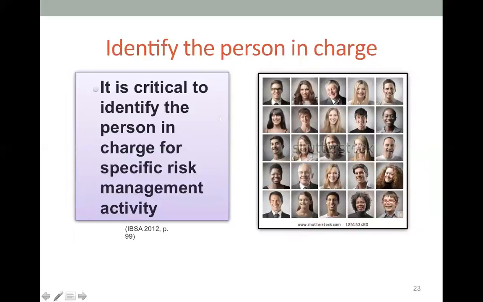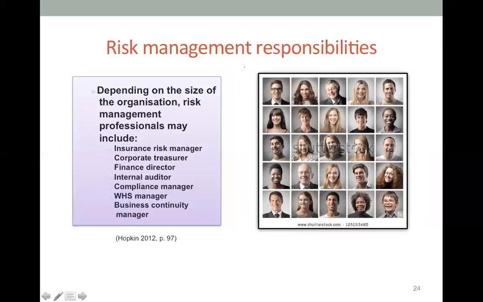And it is also critical to identify the person in charge for specific risk management activity because, as discussed before, the specific person helps us understand what their unique capabilities are, so they can contribute further to our risk management process.